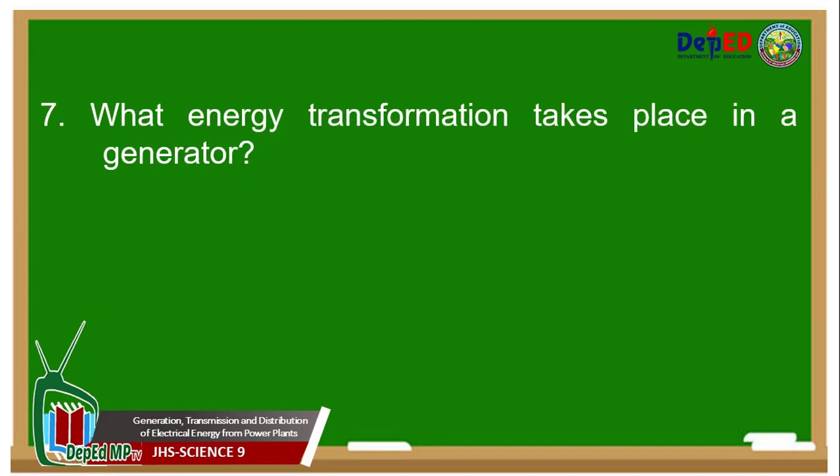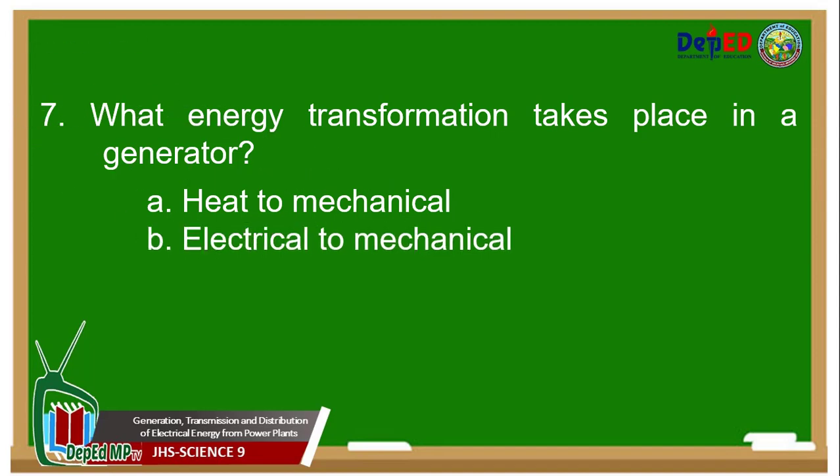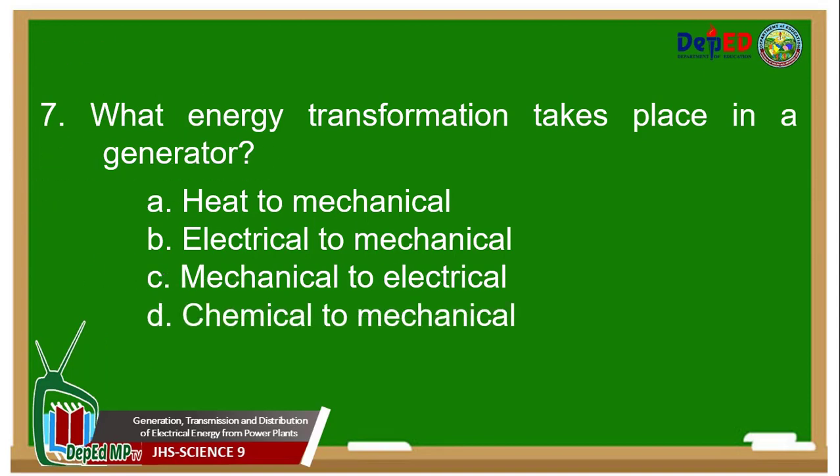Number 7. What energy transformation takes place in a generator? A. Heat to mechanical. B. Electrical to mechanical. C. Mechanical to electrical. And D. Chemical to mechanical.